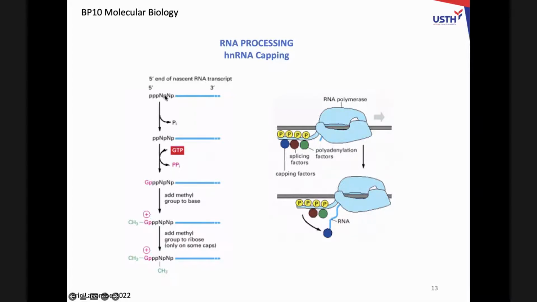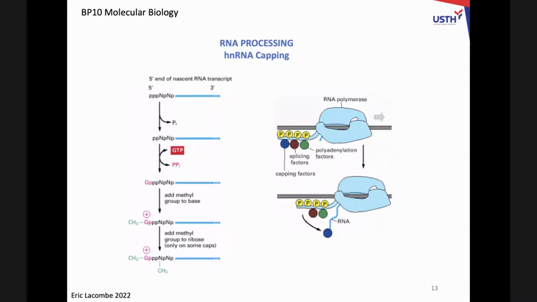Basically, what you have to keep in mind is from the 5' extremity, which is a phosphate extremity, at the end you have a guanosine that is linked in a very specific way because it's GPPP. So it's linked reversed compared to the normal nucleotide, and it's methylated, moreover. This is what we call the cap of the RNA. So every RNA that is synthesized by Pol2 has a cap.